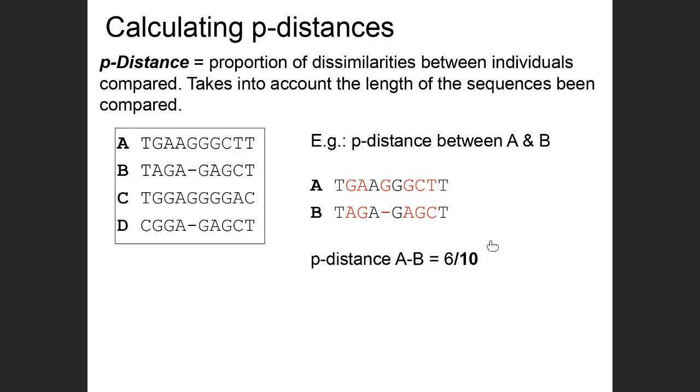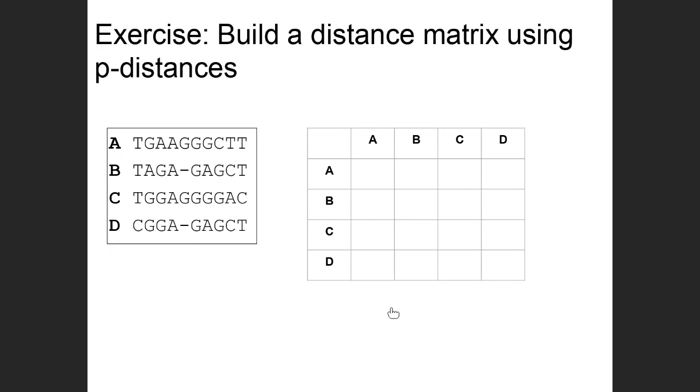And then when we are making a tree, we do that for all of them. So as in, this was the p distance between A and B. How about the p distance between A and C? So the way you do that is you make a matrix. This is what I told you is called the distance matrix. And you fill out only half of the matrix, right?